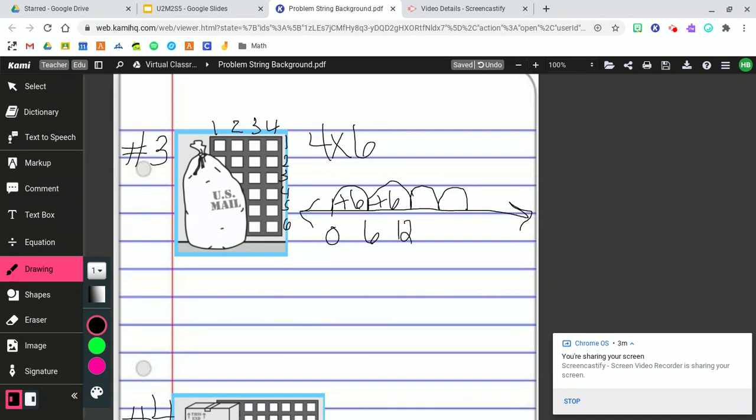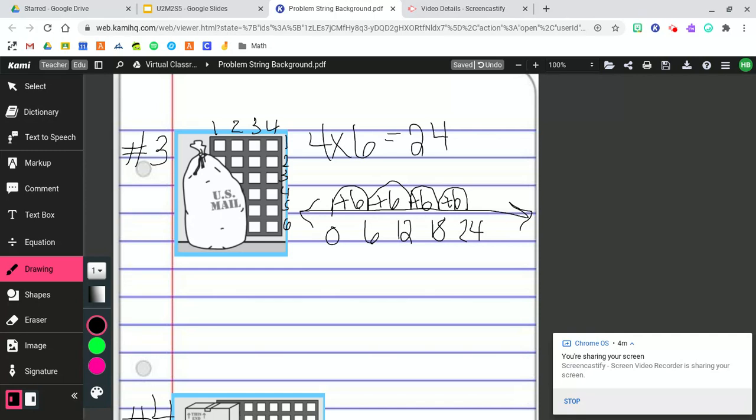I can add another 6, which will get me to 18. Then one more 6, I can get to 24. So I'm able to use my number line as a strategy to figure that out. Or I could say it was skip counting because I'm skip counting by 6's. So I can say 24 is my answer.